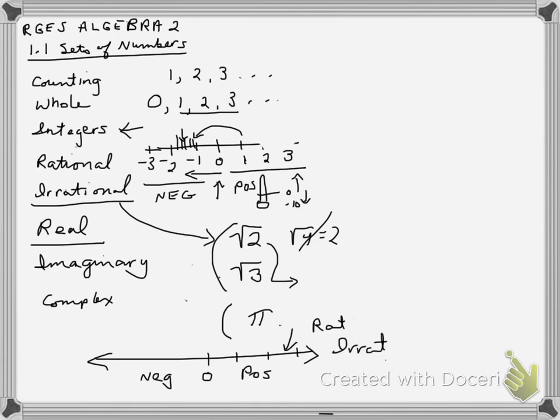So rationals, irrationals, positive integers, negative integers, 0, combine them all together, and that makes up the real numbers.